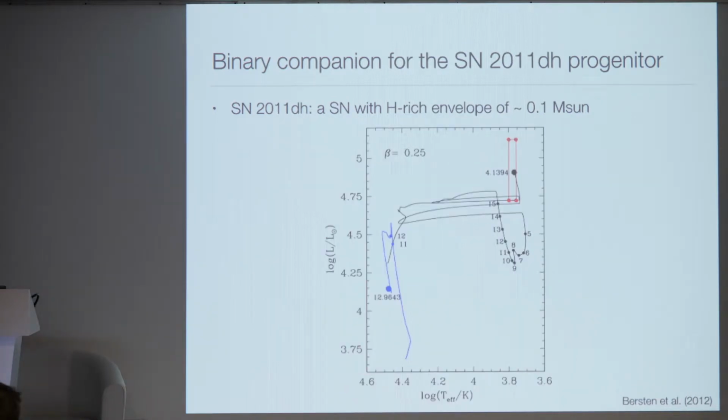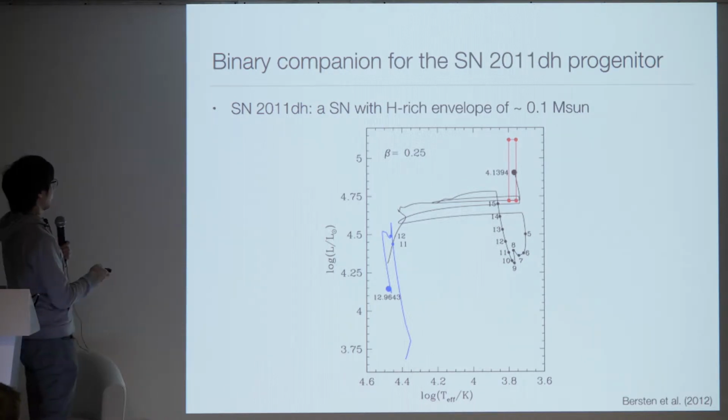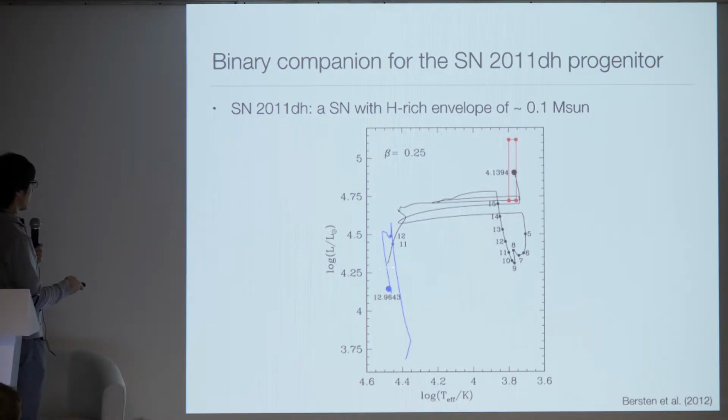And then this is some detailed binary star evolution. This is the evolution of, I forgot the masses, but let's say 15 solar masses or something like that.